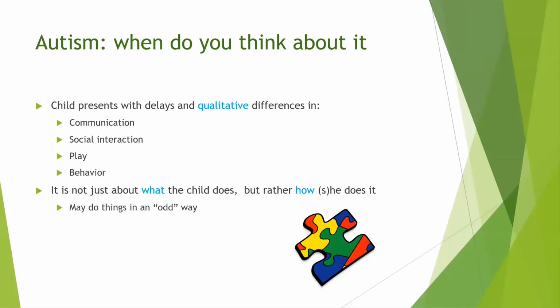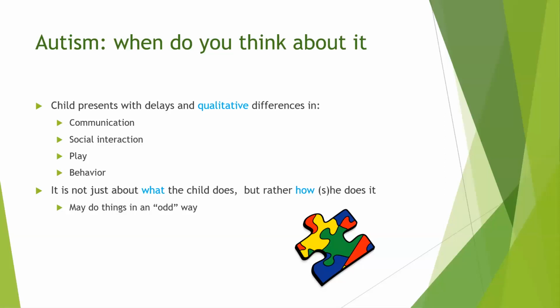So when do we start thinking about autism? It's any time a child presents with developmental delays, as well as qualitative differences in these aspects of development. That includes communication, social interaction, play, and behavior. Now, it is not just what the child does, but rather how he does it.